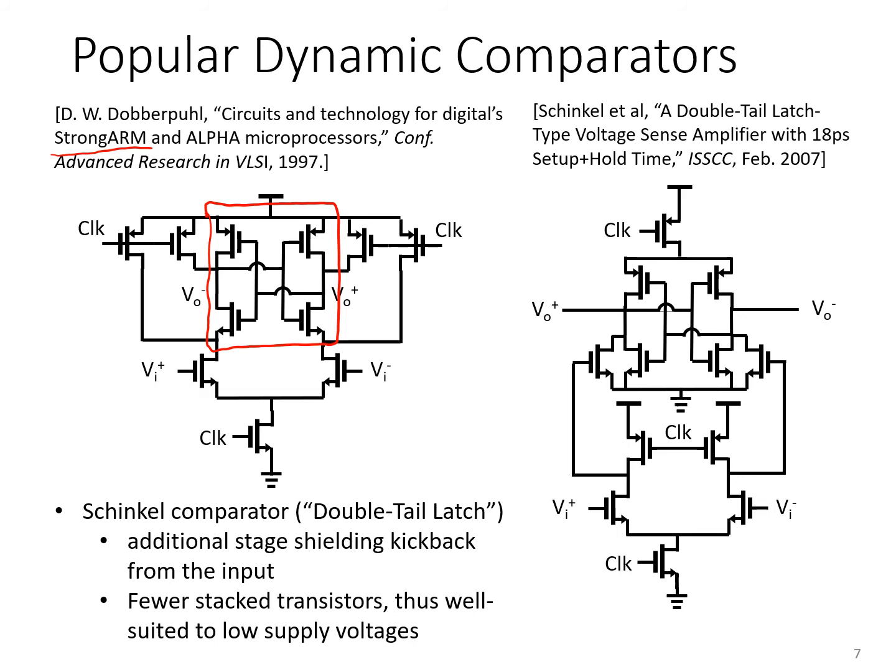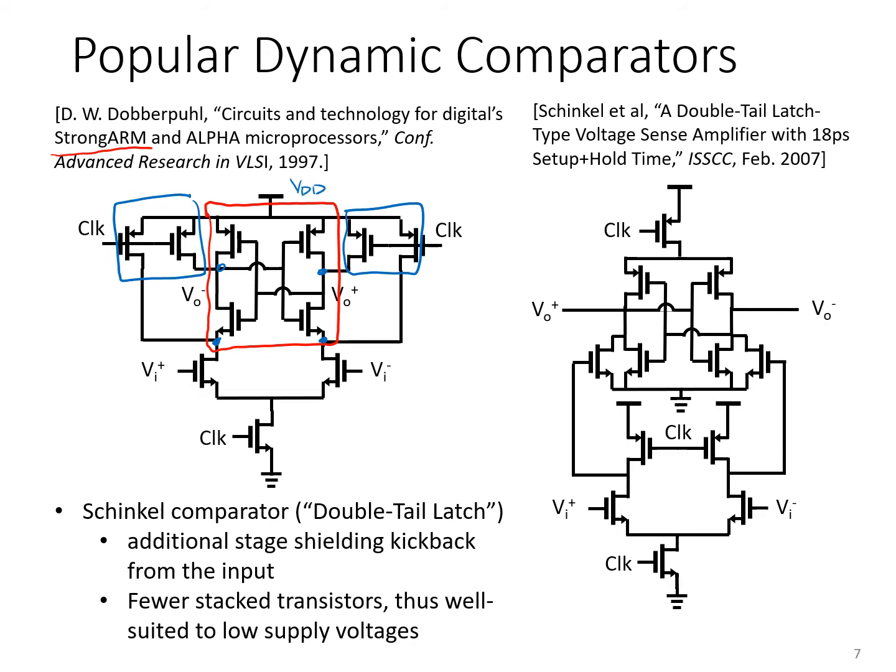You'll also notice these pull-up transistors, PMOS devices circled in blue, which when the clock signal goes low, turn on and reset these nodes here, the output nodes and these internal nodes, by pulling them up to the supply voltage VDD.